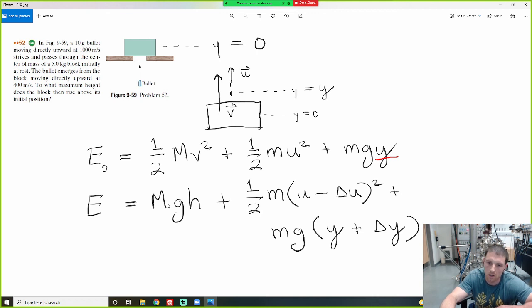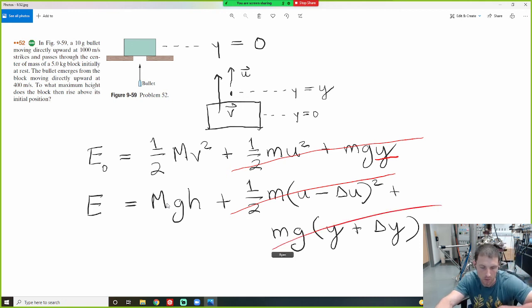And so what we do is we say that the block's energy must be conserved and the bullet's energy must be conserved separately. Of course they're conserved together, but they're also conserved individually, which is why to solve for the height that the block attains, we can just get rid of this and this, and it still works for us.